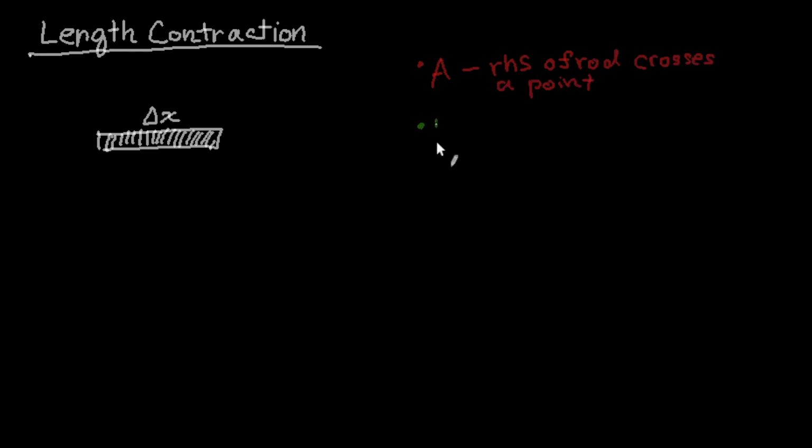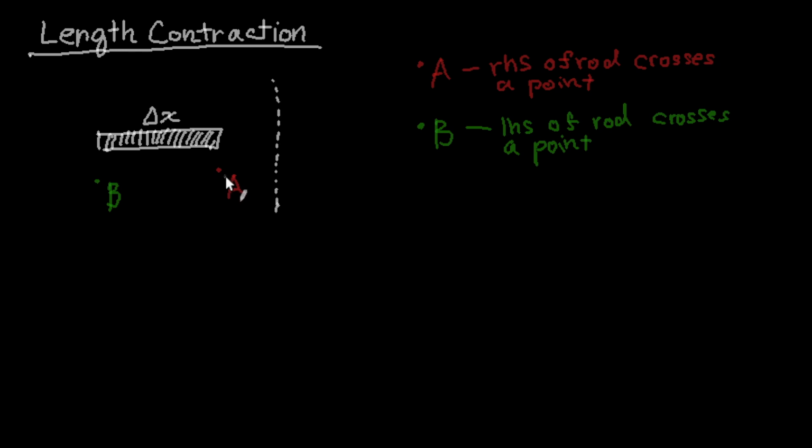Event B denotes where the left-hand side of the rod crosses a point. Now in the rest frame, where does the right-hand side of the rod cross some point? It'll be at the right-hand side of the rod. Where does the left-hand side cross that given point? It'll be at the left-hand side of the rod. We can draw some sort of a finish line over here. But these events take place when the right-hand side and the left-hand side of the rod cross it.